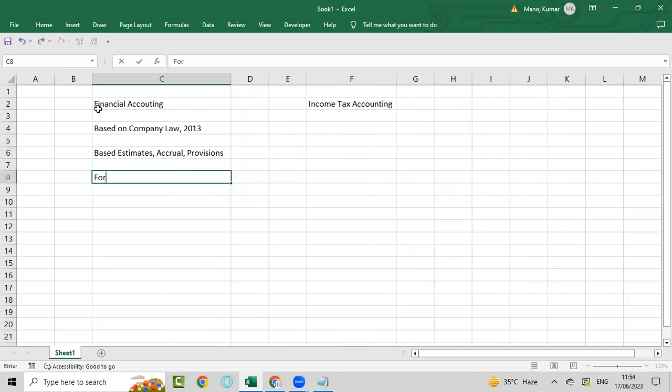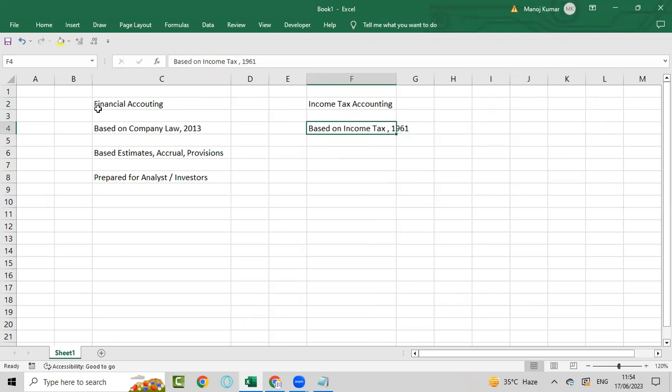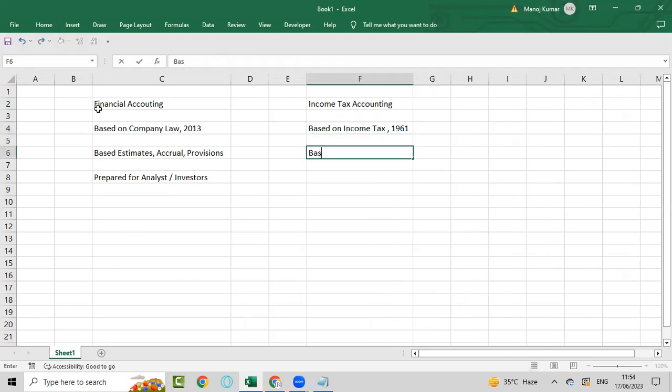This is prepared for analysts or investors or management, whereas this is based on Income Tax Act 1961, and this is based on actual, or you can say cash.